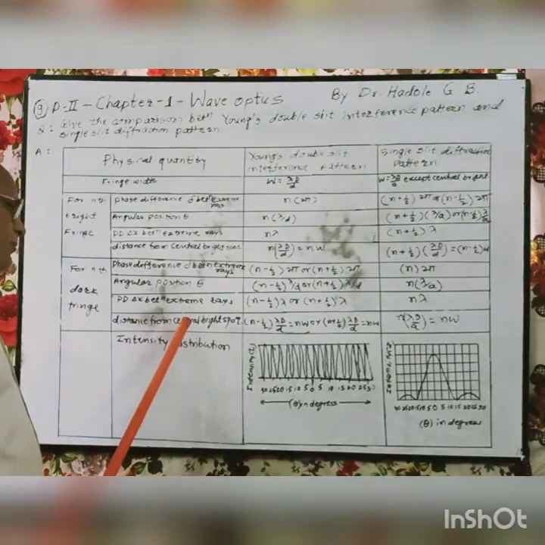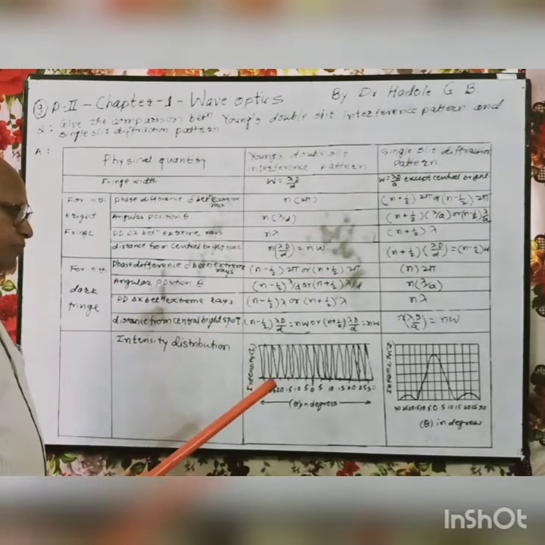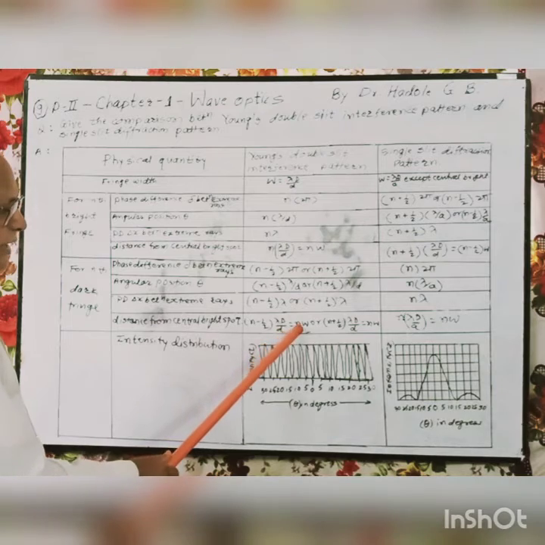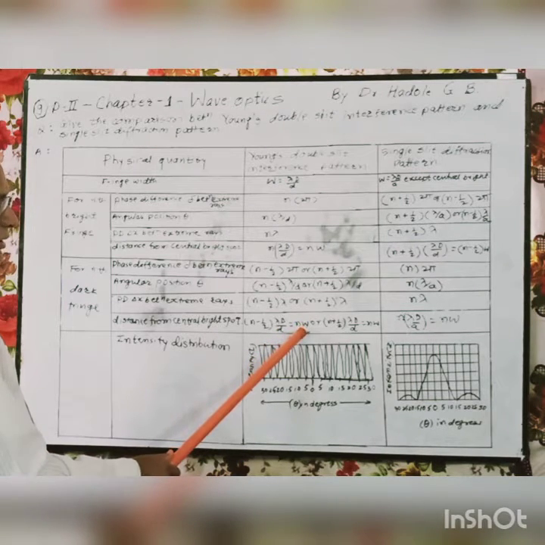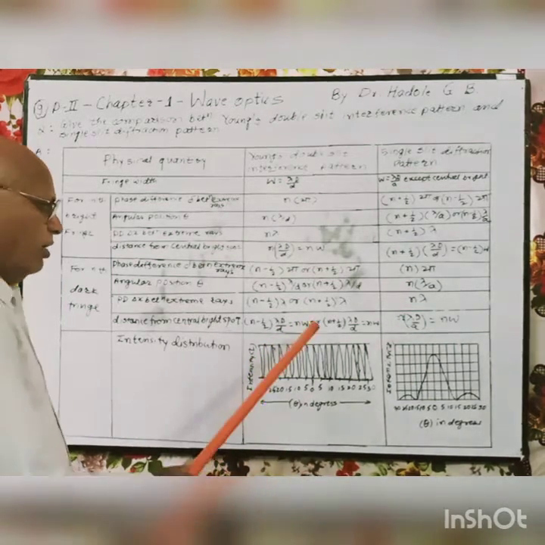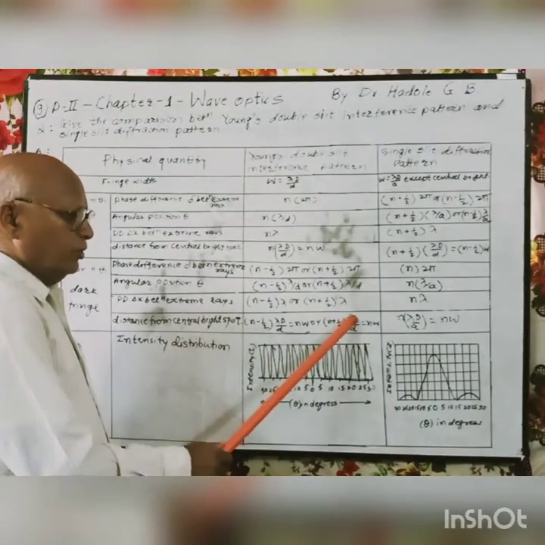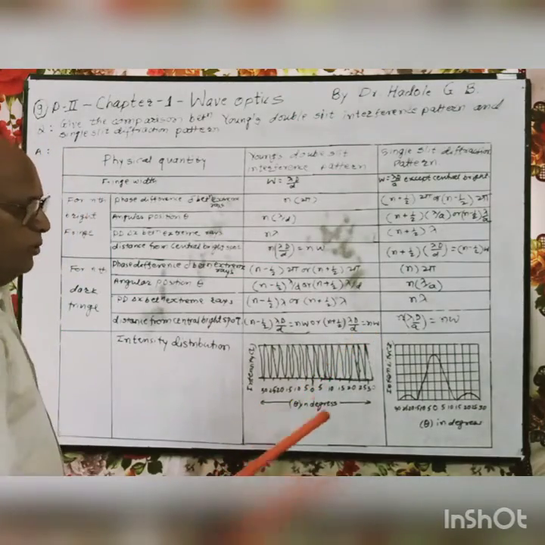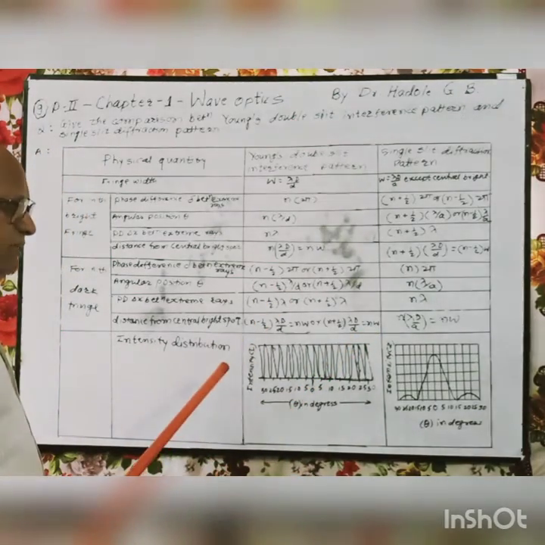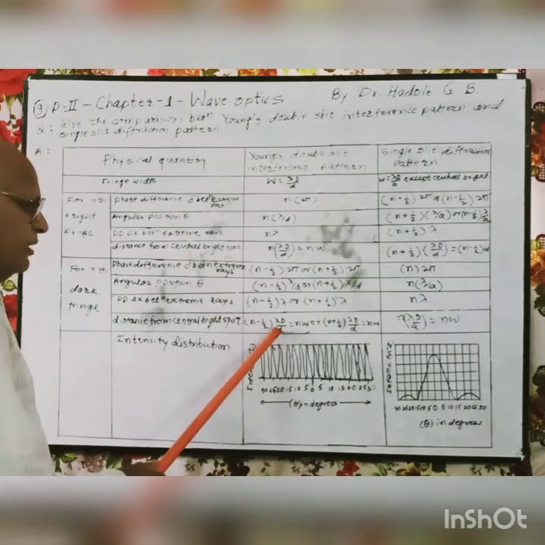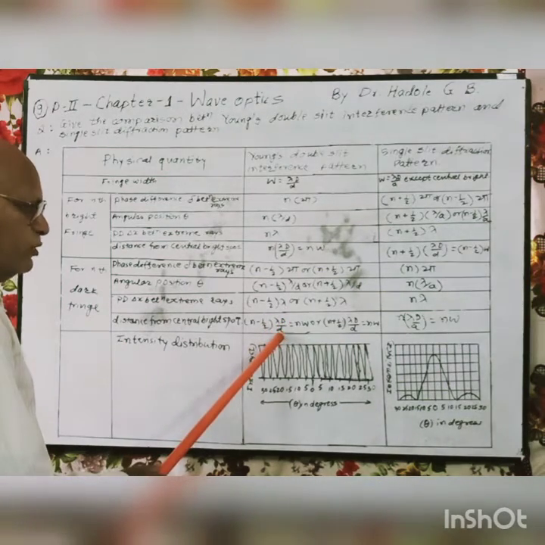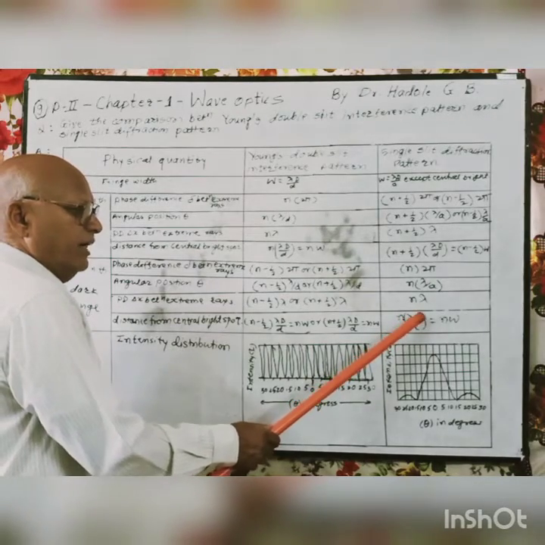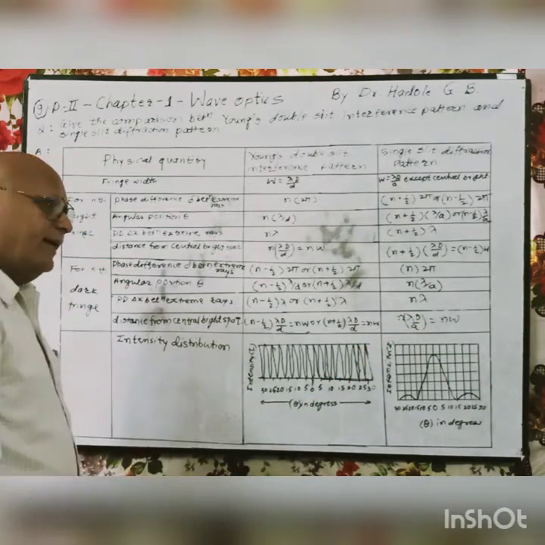Here the distance from the central bright spot is (n minus half) lambda D upon small d, or (n plus half) lambda D upon small d, that is nw, where w is the width. In this case w is given by lambda D upon small d, and in the other case it is given by lambda into capital D upon small a.